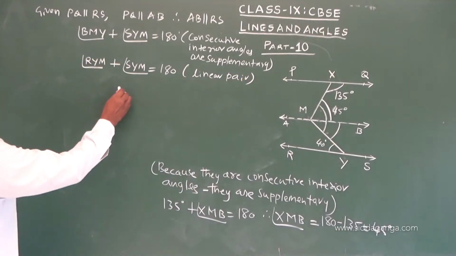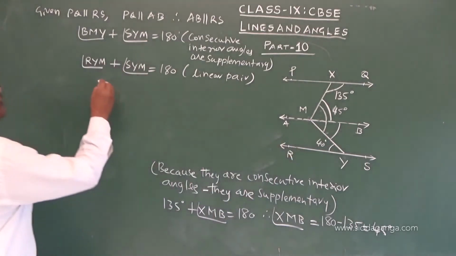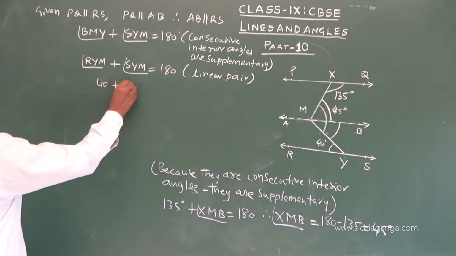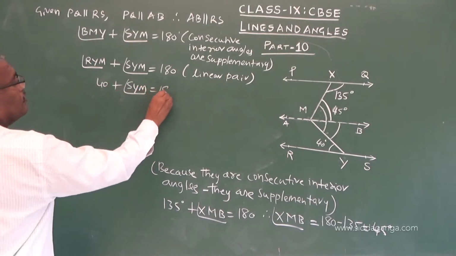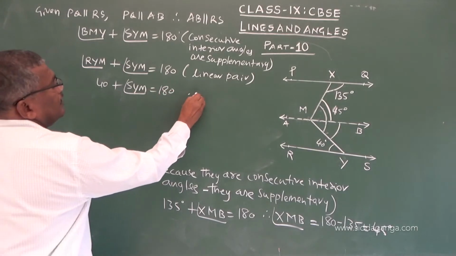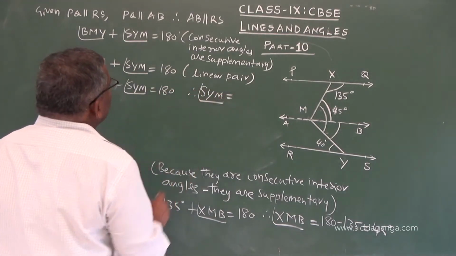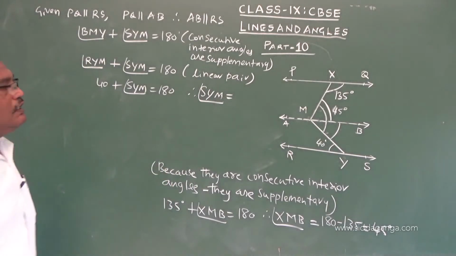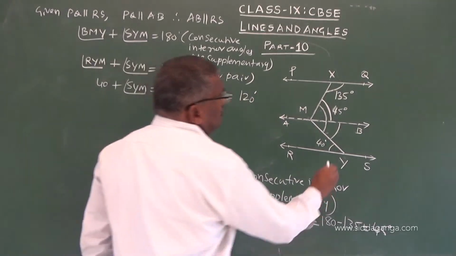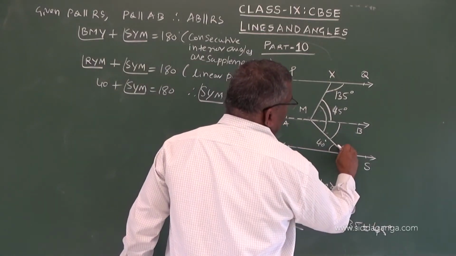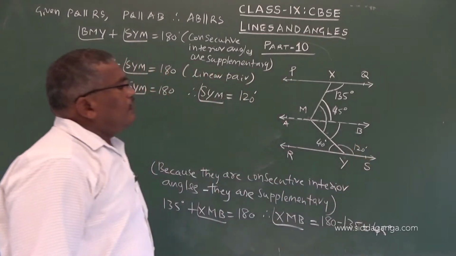So therefore, see, RYM is given, it is 40 degrees. So 40 plus SYM equals 180. So therefore angle SYM is equal to 180 minus 40, which is 120 degrees.